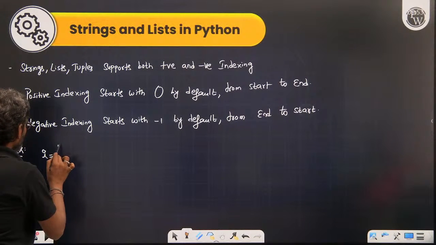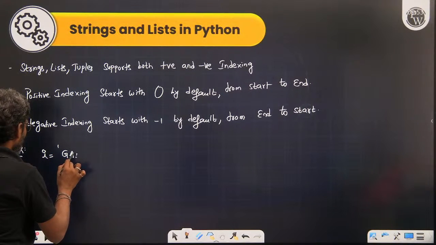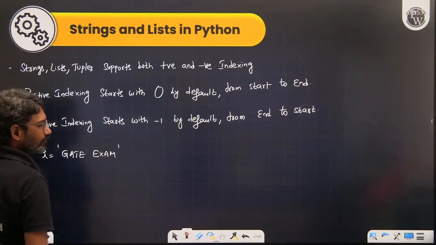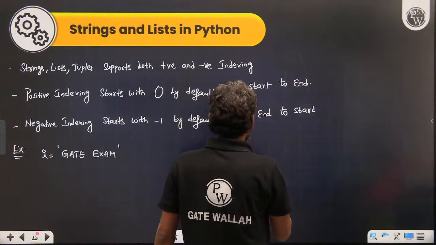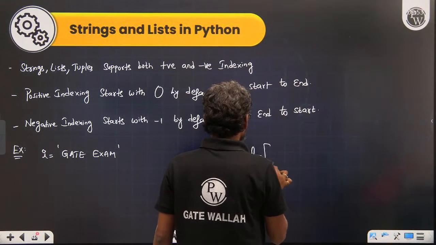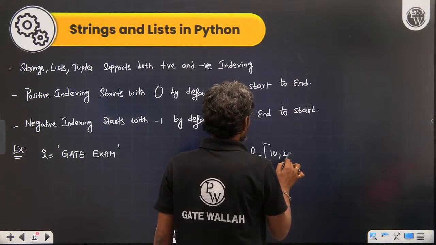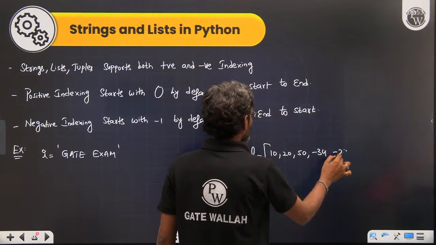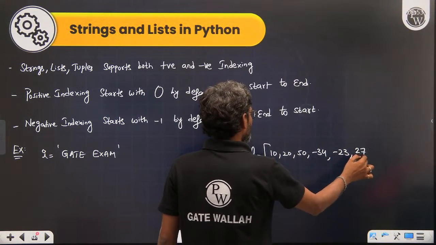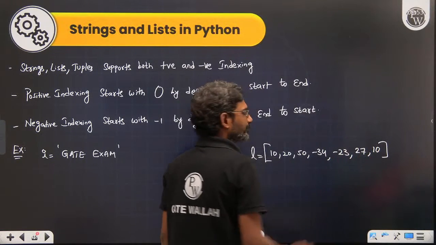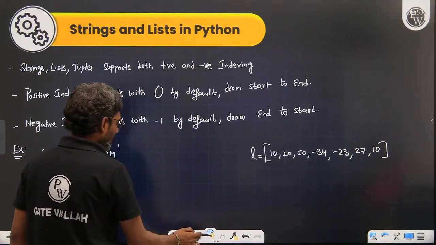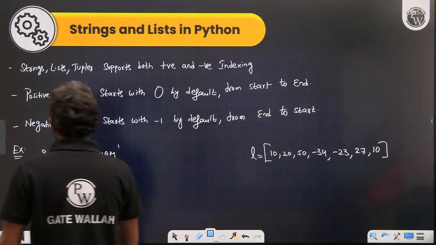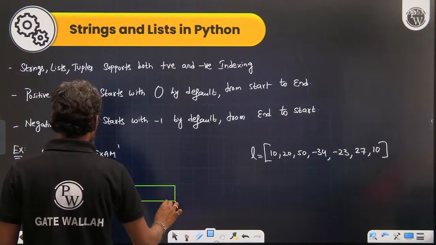Okay. So for example, suppose I write I is equal to GATE exam, and some L is equal to 10, 20, 50, -34, -23, 27, 10. How will these be indexed in both positive and negative?